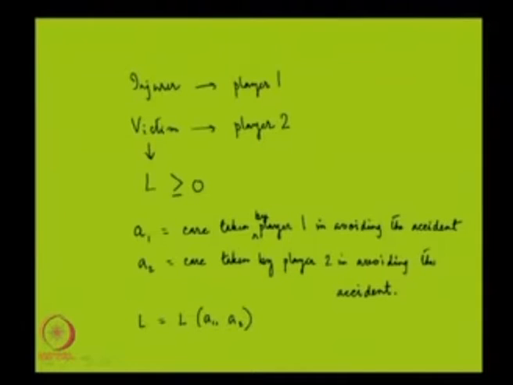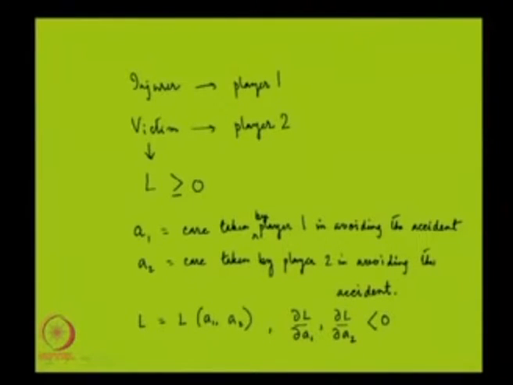It is a continuous function, I am going to assume, which means that these two partial derivatives exist and they are negative. If more care is taken, there is less loss incurred by the victim.